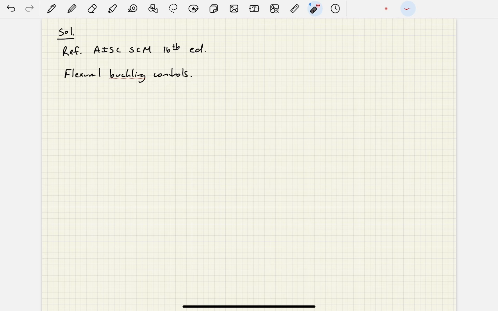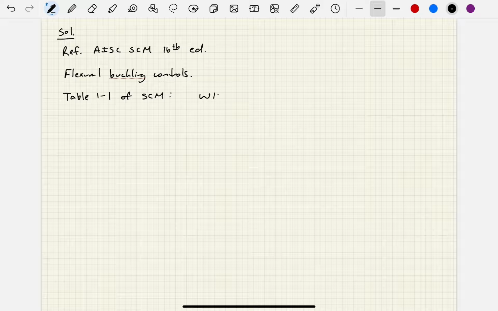The next thing we want to make note of is the cross-section properties of the W shape. So I'm going to say from Table 1-1 of the Steel Construction Manual, we're going to have the information about the W18 by 65, and it's good to just go ahead and write this information down for us to use. So its cross-section area is 19.1 square inches.